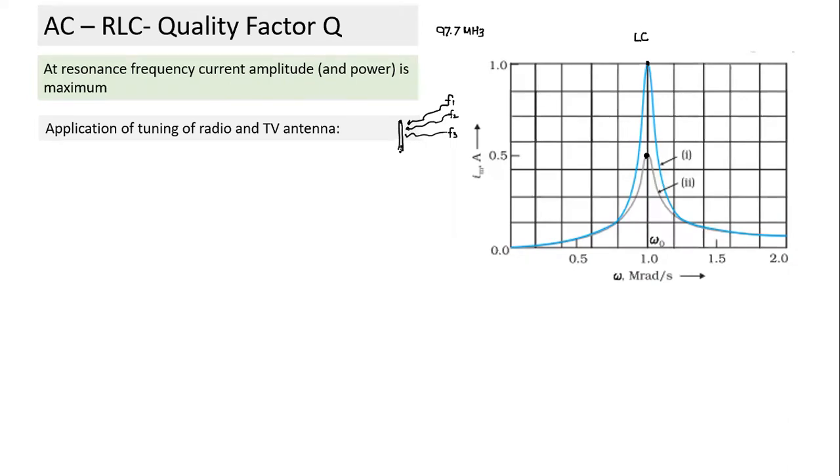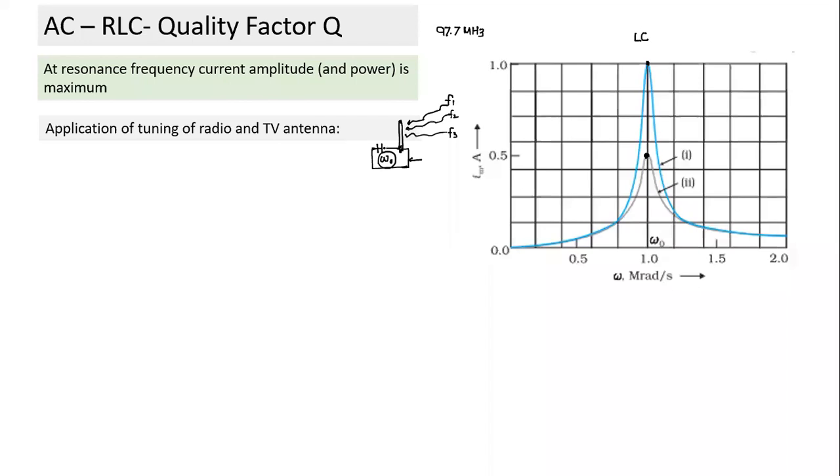Let's say this is the antenna. The antenna receives all the signals, and it is connected to a source here. In this circuit we can change the value of L and C; its natural frequency I can keep changing. When I'm tuning, I'm actually changing the natural frequency of the circuit connected to the antenna.